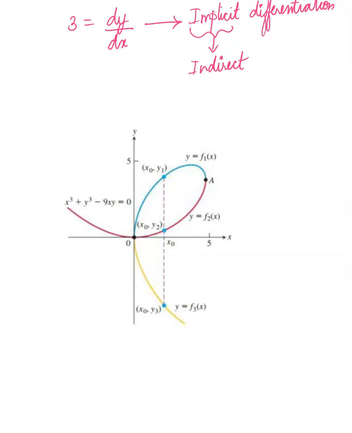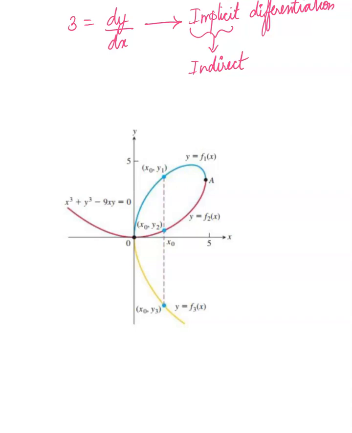It's got its own equation. But if you look at this curve as a function, then we'll have to split this up into 3 parts. The red part, as you see here, then the blue part, and then the yellow part. So each part, when you do the vertical line test, it passes.